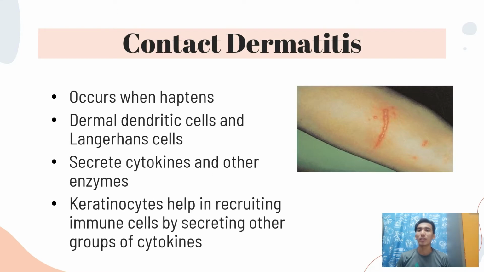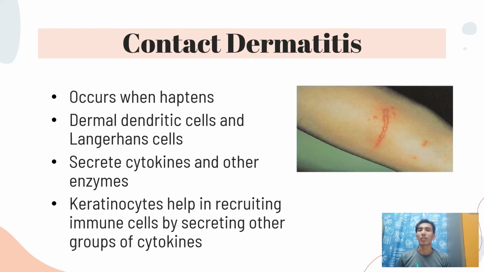Then the dermal dendritic cells and Langerhans cells play an important role in antigen presentation and sensitization of these haptens to CD4 and CD8 T-cell lymphocytes. The latter secrete cytokines and other enzymes to recruit other immune cells to sites of hapten exposure.